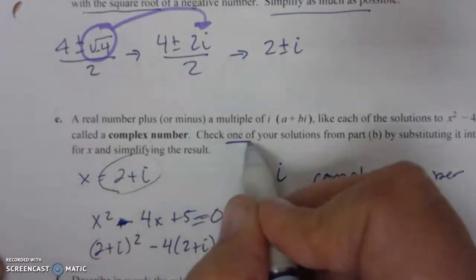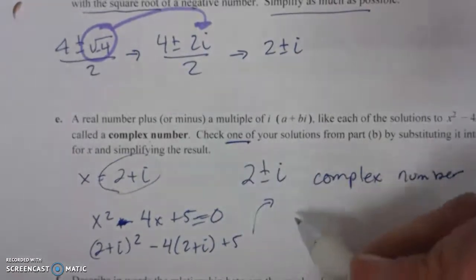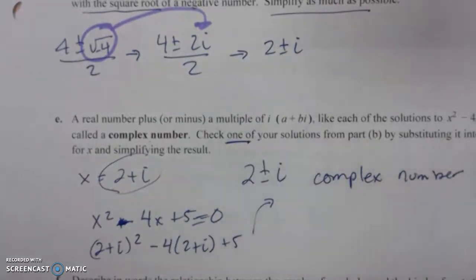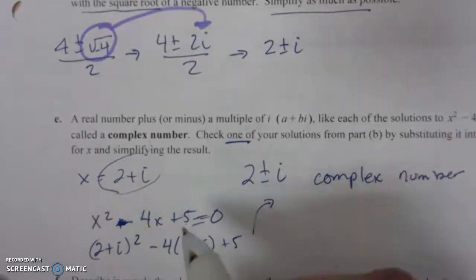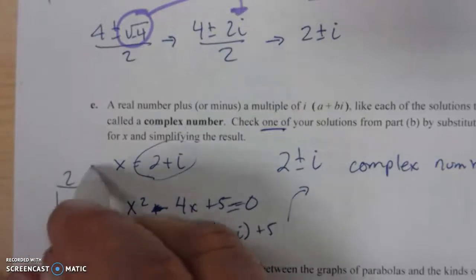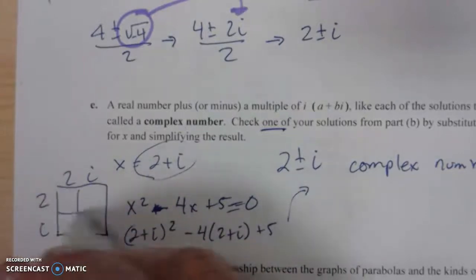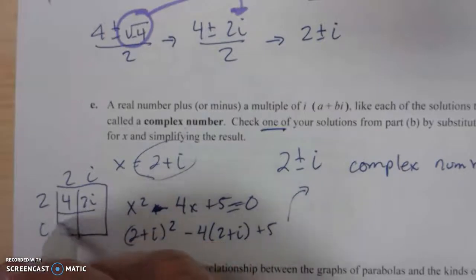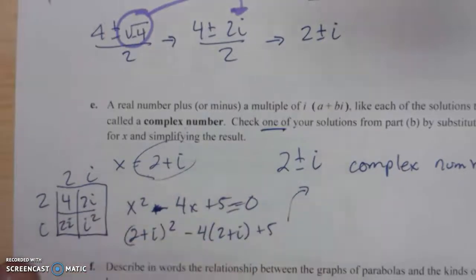So let's check one of my solutions. I'm doing the positive one. So what is 2 plus i squared? Okay, I'm going to come over here. I'm going to go 2 plus i times 2 plus i, and we're going to get 4, 2i, 2i, i squared.